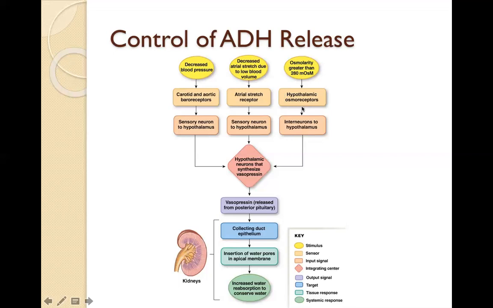And then there's an interneuron that gets sent to the hypothalamus from those osmoreceptors. And the same process will continue from the synthesis of vasopressin to the absorption of water, to try to ensure that you don't increase your osmolarity even greater. So you conserve the water to ensure that the osmolarity stays the same.